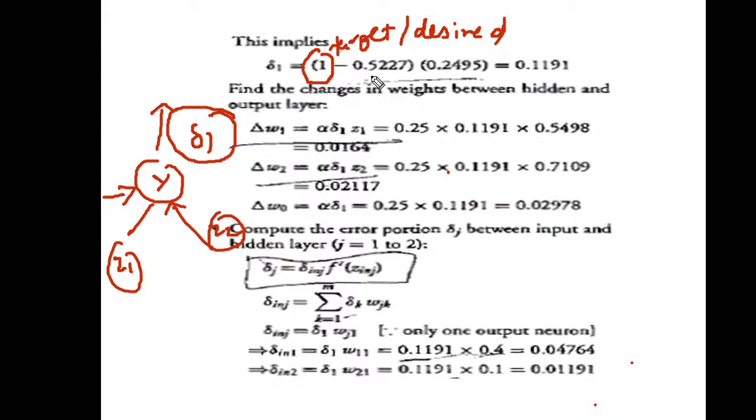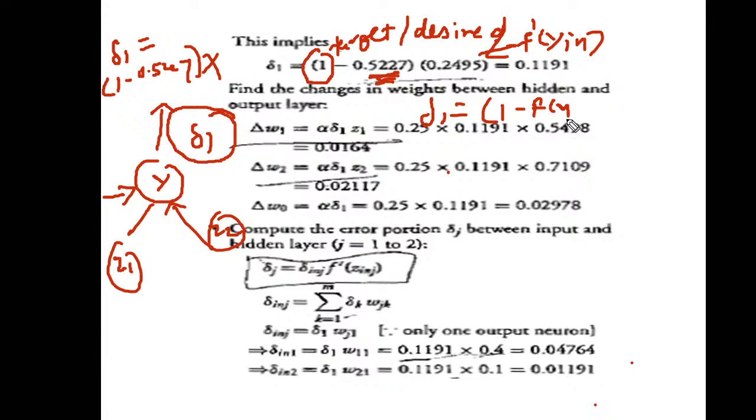The formula for this delta 1, the error we are calculating over here, is delta 1 equals 1 minus 0.5227, where 1 is the target and 0.5227 is your actual output, multiplied by f dash of y in the formula, where f of y in is the actual output y. So delta 1 is 1 minus f of y in into f dash of y.